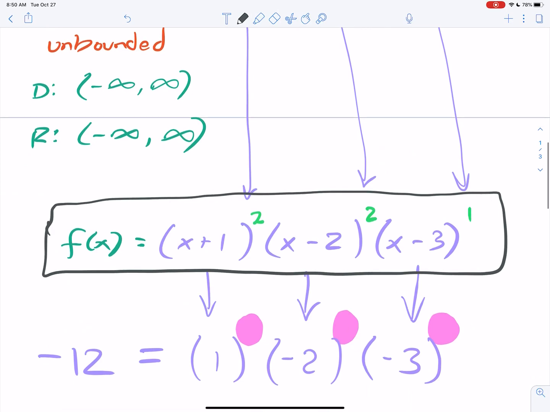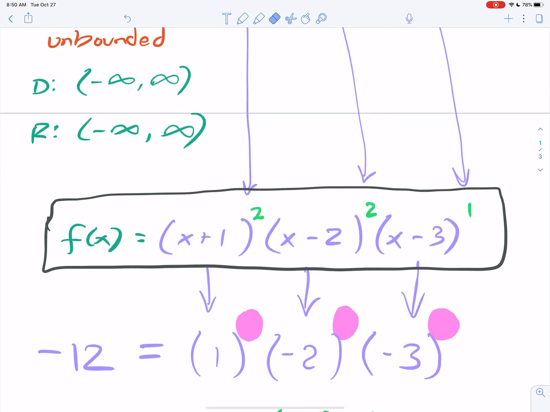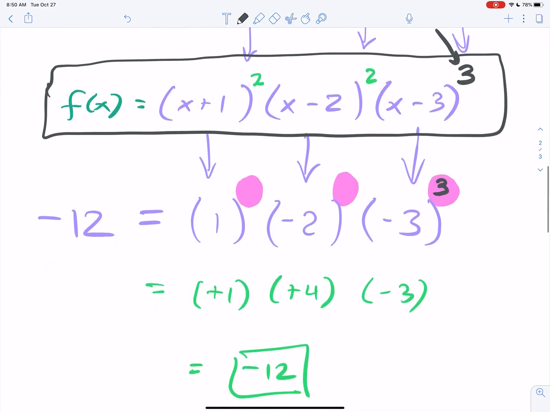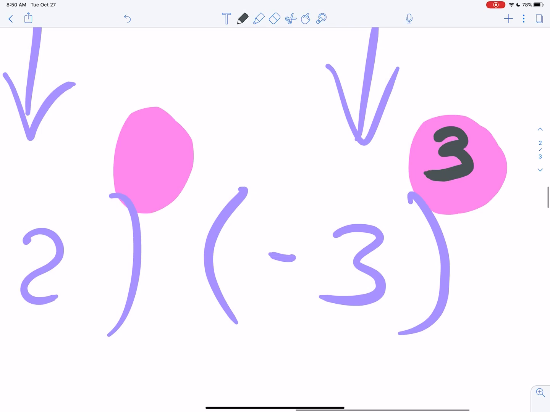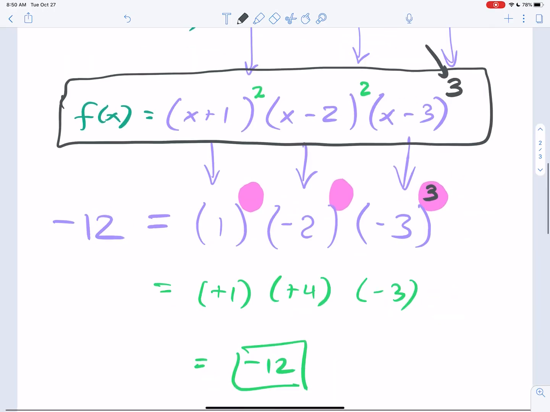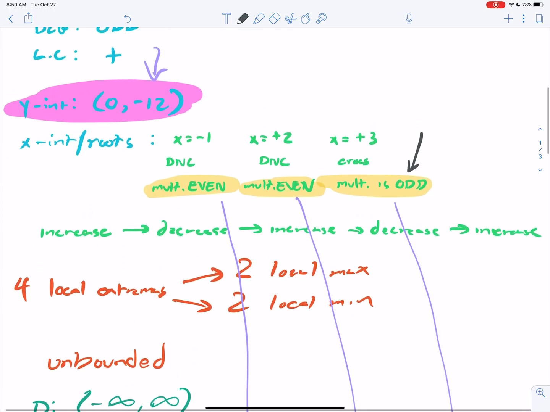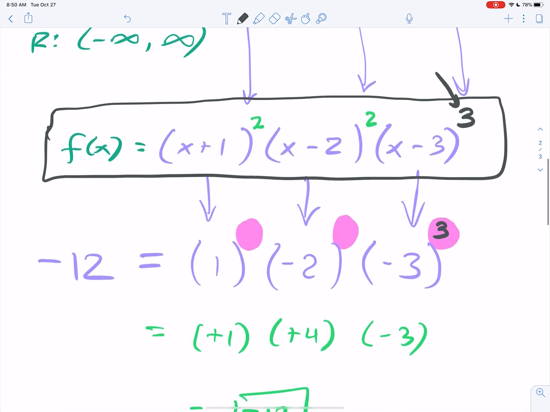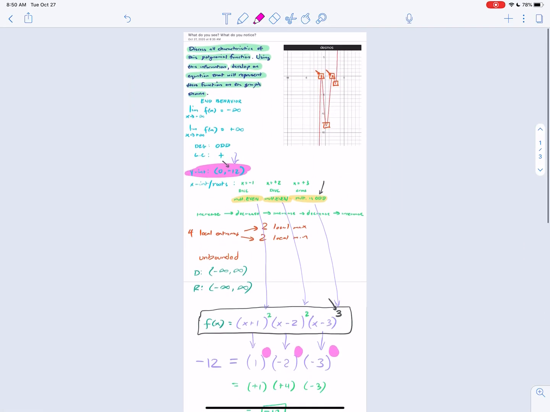I could use numbers like 1 or 3, but I know the moment I put a 3 here, it wouldn't make any sense because then negative 3 to the third power is negative 27. It's getting too large in the sense of negative values, okay? And I only want a negative 12. So you guys have to take your time here and kind of play with it until you get the value that you guys want. So this is your one example.